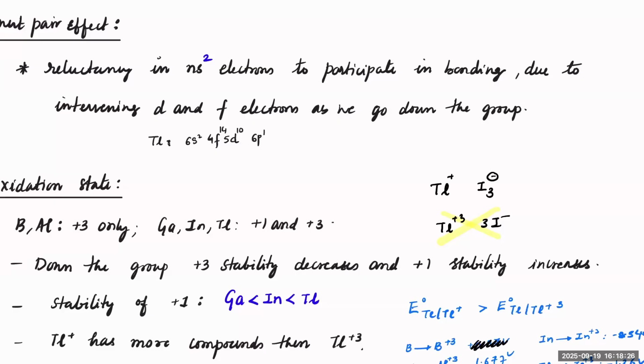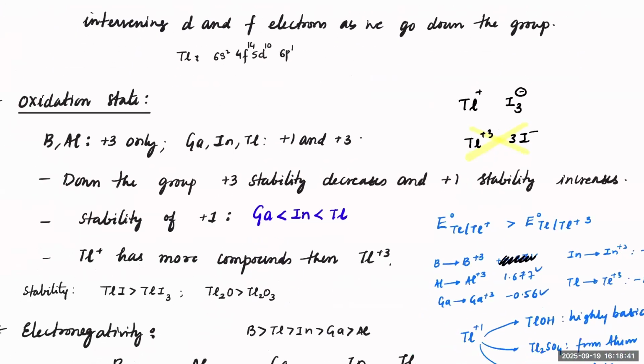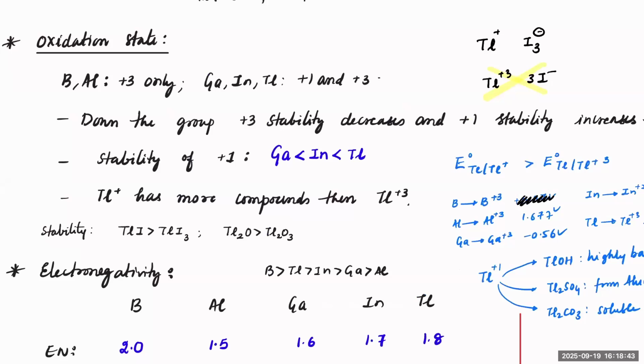So when it comes to its oxidation state, it would be more stable in +1 as compared to the +3 oxidation state. You can see that boron and aluminum exhibit +3.